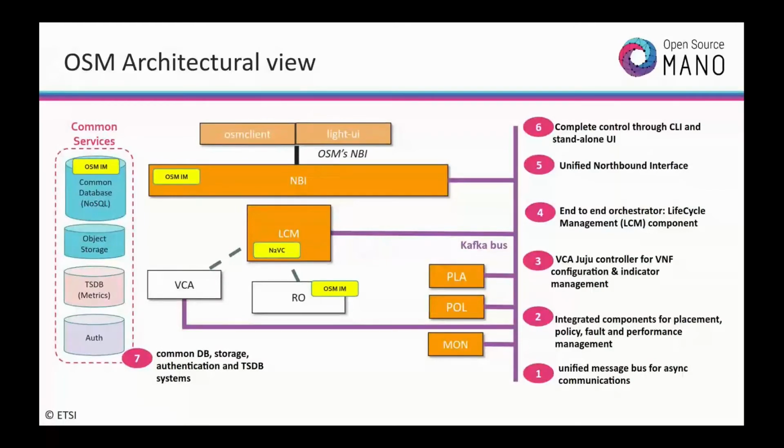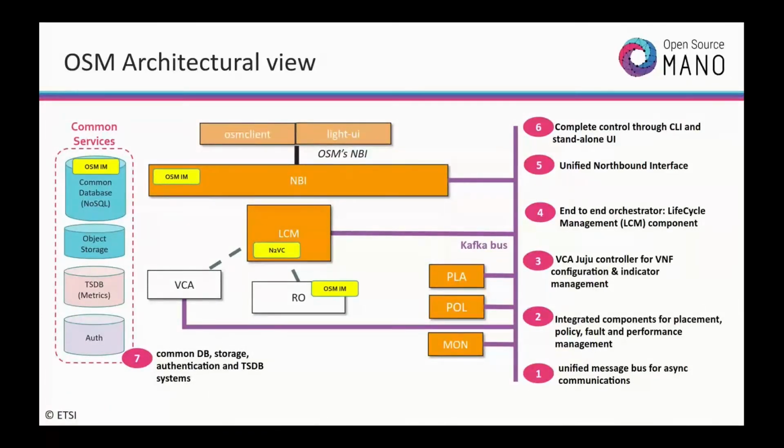So anytime you have a primitive that needs to run, or any sort of configuration scripts that are running, all of these things happen inside of this execution environment that the VCA is responsible for.